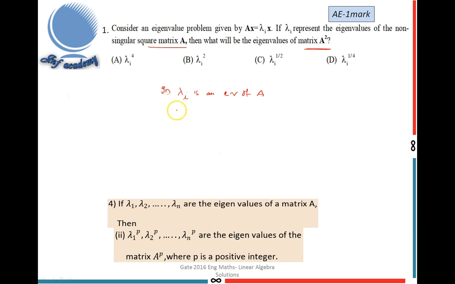By using that property, here p is 2. So lambda_i square is an eigenvalue of A square. So option B is the correct answer. Answer is option B. Now let's move on to the second problem.